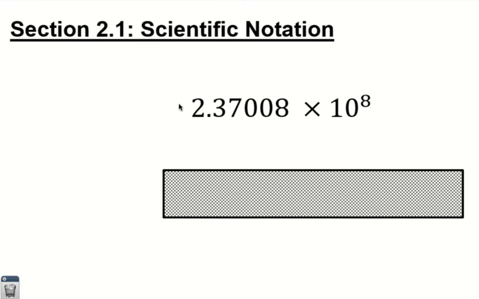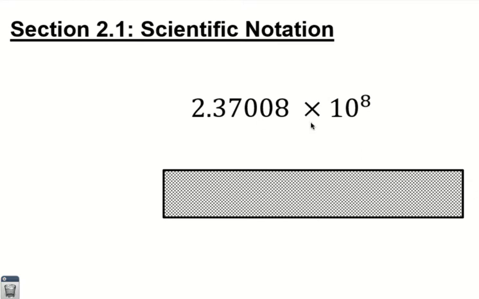Scientific notation basically looks like this, where you use a number and then you multiply it by 10, always a 10 as the base with a certain power.